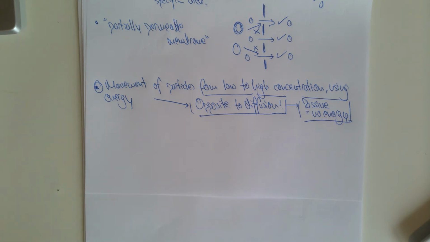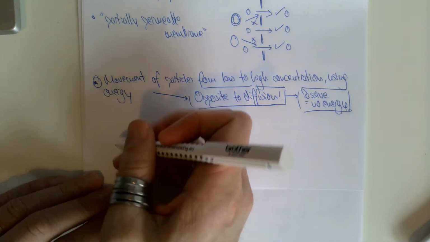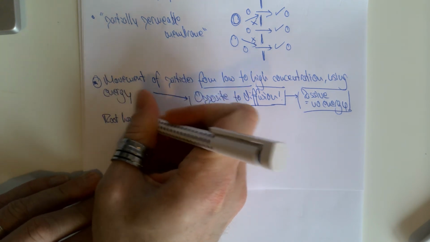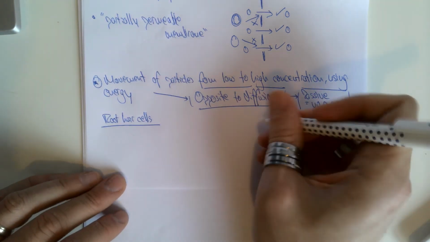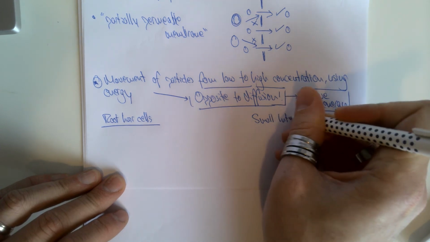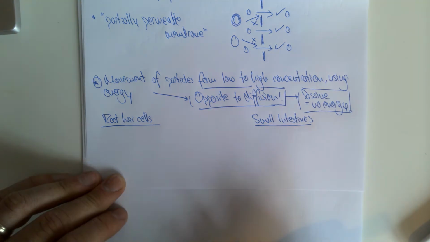Now, two examples of where active transport can occur within biological organisms are in root hair cells and the small intestines. Root hair cells and small intestines.